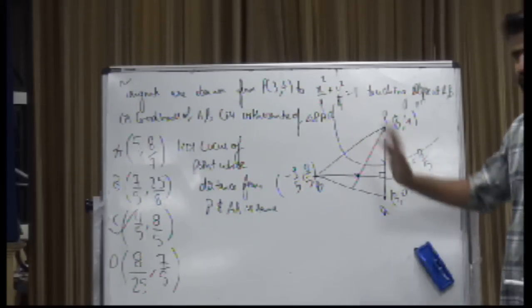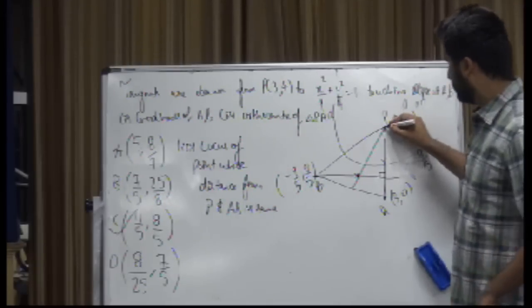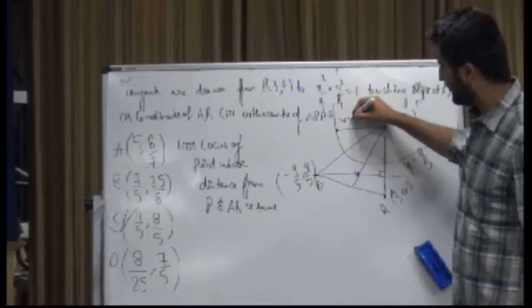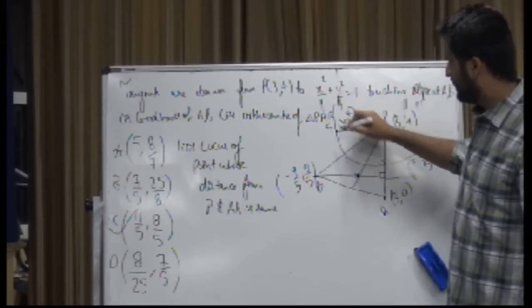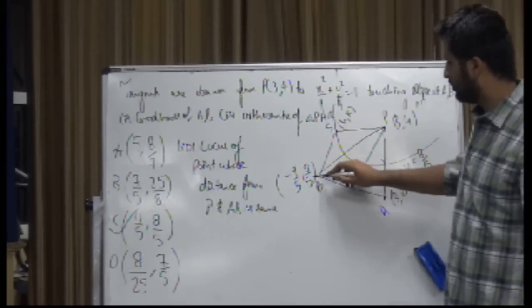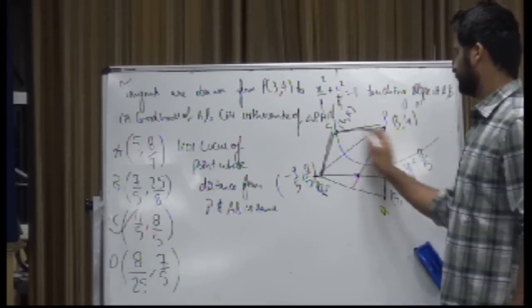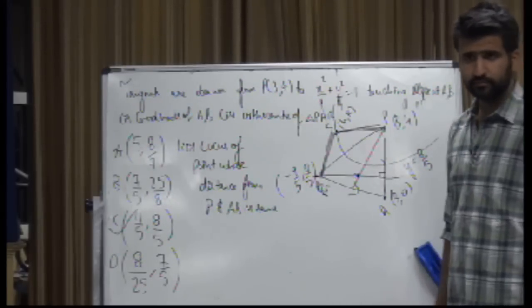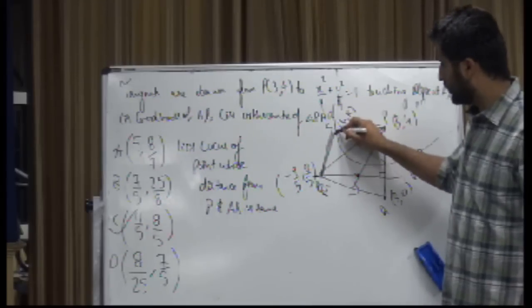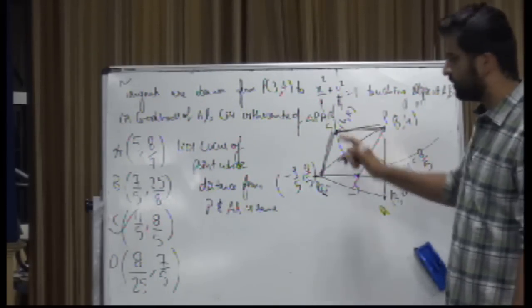Can you form the equation now? It's very easy. Okay, that's your homework. Assume this point as (h, k). Now this distance SP is equal to SM. You will find the equation of the straight line, and you will find the distance of this point from the straight line, and you will apply the distance formula over here.